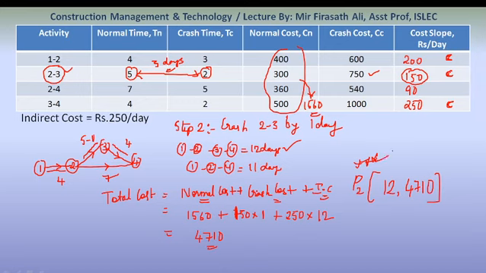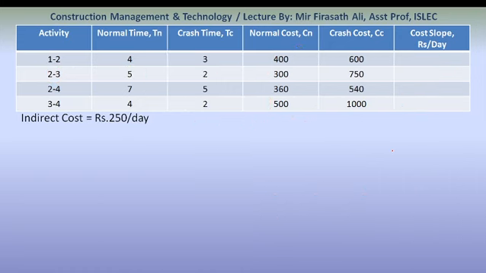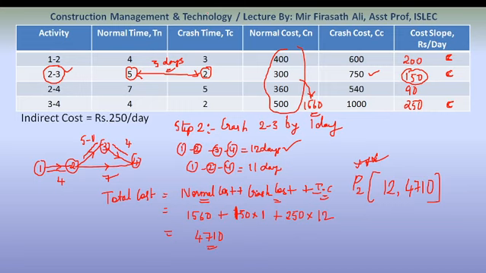Next is to calculate step 3. What is our step 3 now? As we have seen, we can crash activity 2 to 3 for 3 days.